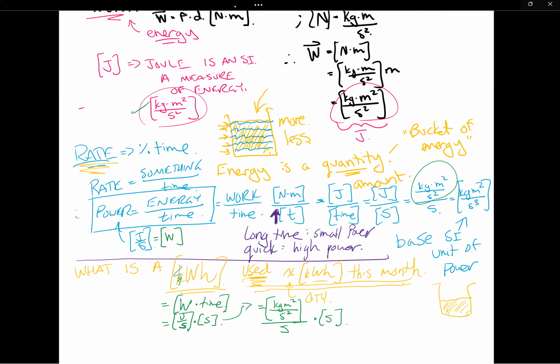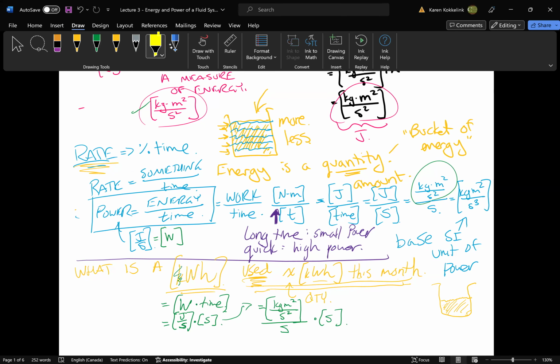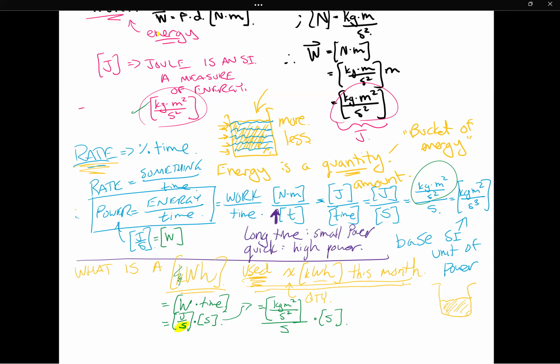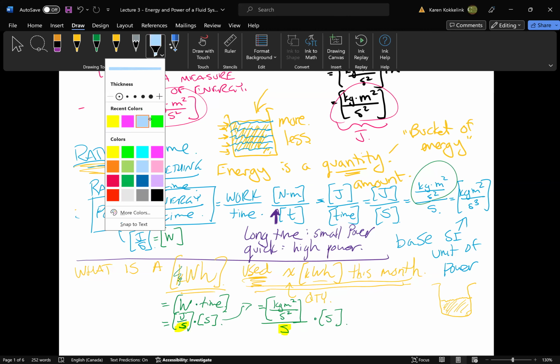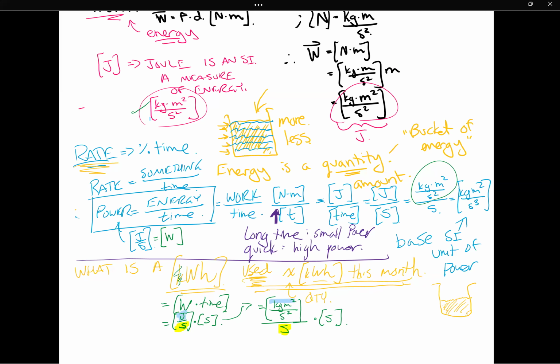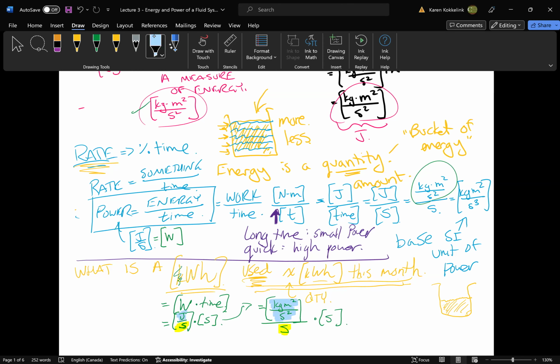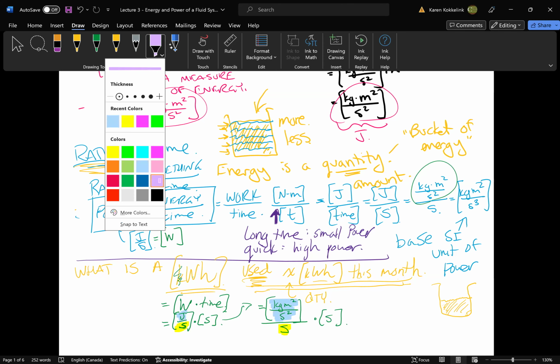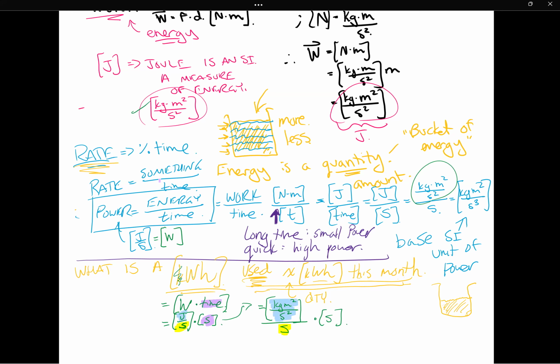Let's highlight this to make sure that we know where it came from. Here's the divided by second. Here's divided by second. And here's the joule, and a joule is a kilogram meter squared per second squared. And here is the second, because we said it's watt times time, and time has a base unit of seconds.